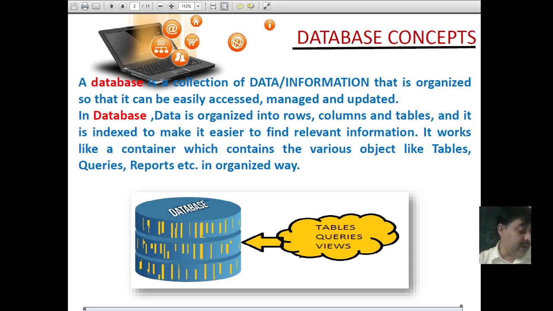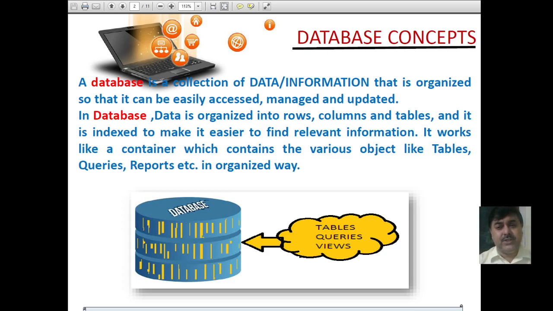So what do you mean by a database? A database is a collection of rows and columns, isn't it? There will be rows and columns in a table. Suppose you think about a table. In a table there is student name, age, phone number, subject taken, fee paid; these are the column headings.